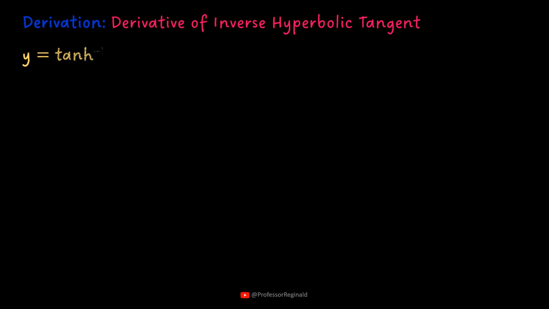Derivation of the derivative of the inverse hyperbolic tangent function. Let y equals the inverse hyperbolic tangent of x, which means that the hyperbolic tangent of y is equal to x. Take the derivative with respect to x of each side of the equation.